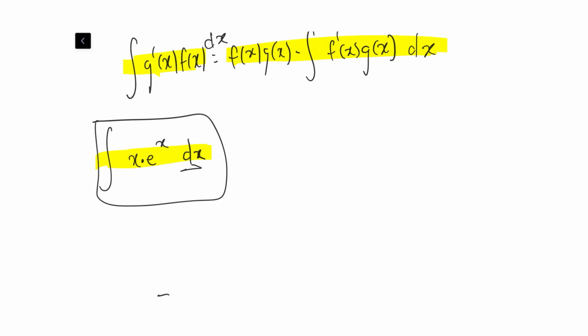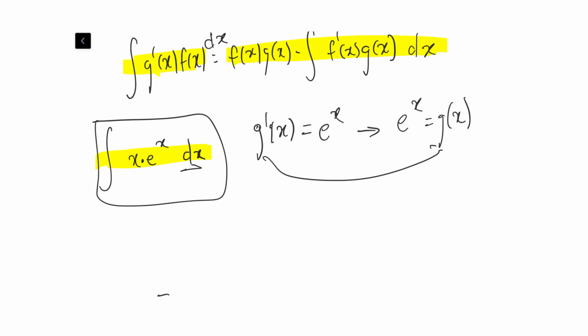So what functions would yield a simpler derivative and what function would yield a simpler integral? In our case, when we let g prime of x be e to the x, then when we integrate this, this would be g of x, because the derivative gives us the original function after integrating.